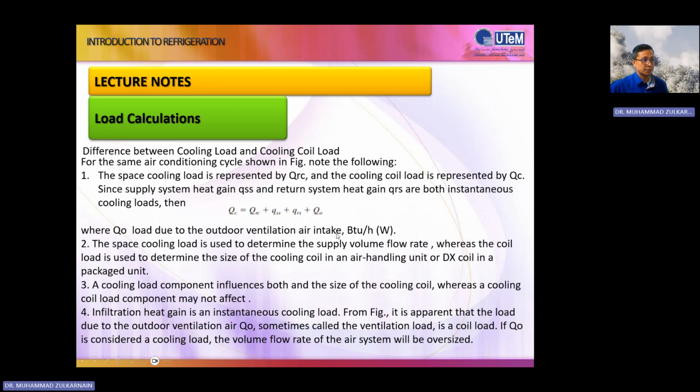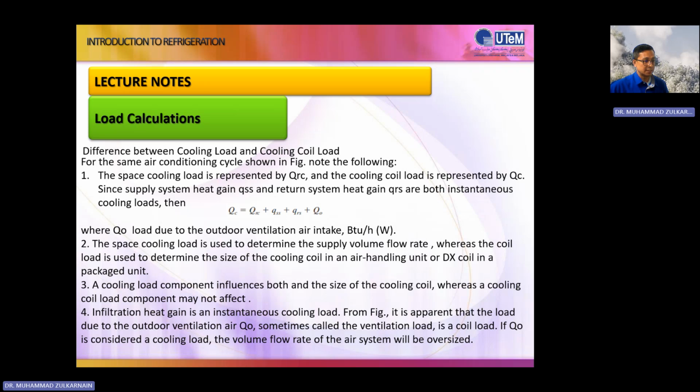Then we call this the cooling load. The space cooling load is used to determine the supply volume flow rate, whereas the coil load is used to determine the size of the cooling coil in the air handling unit or the DX coil in the package unit. The cooling load components influence the size of the cooling coil, whereas some load components may not affect it.